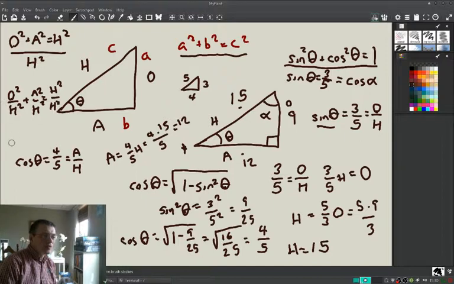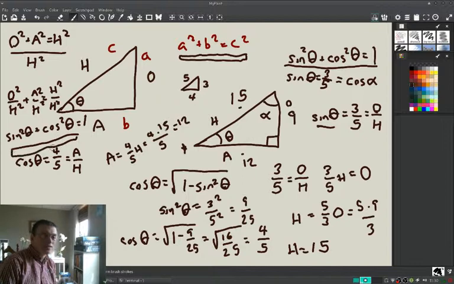O squared over h squared is sine squared theta. Oh, it's just so pretty, I like to do it to show you again. It's nice to see that these things work out. Hypotenuse squared over hypotenuse squared is going to be 1. So there is sort of, I don't know, you call it a Pythagorean identity, the sine flavor of the Pythagorean theorem. Same thing.